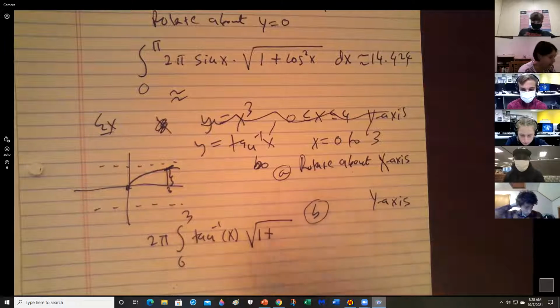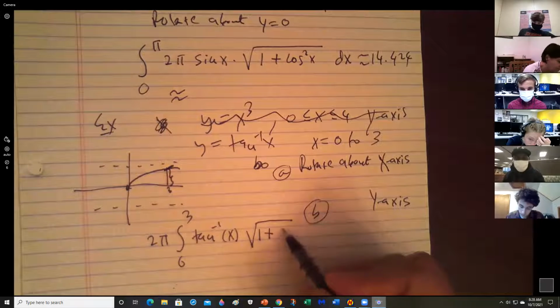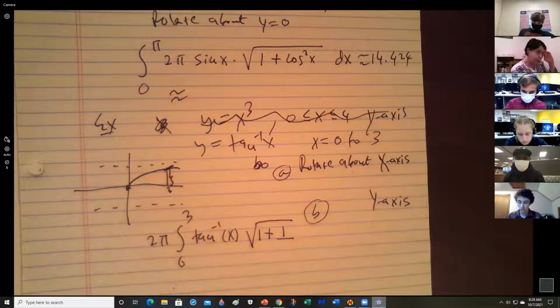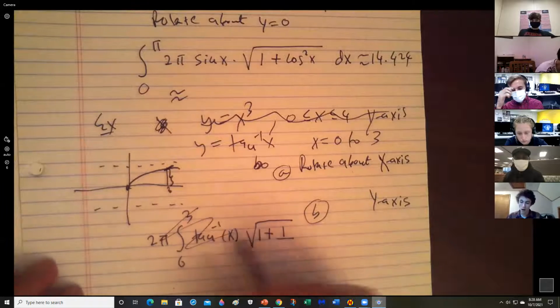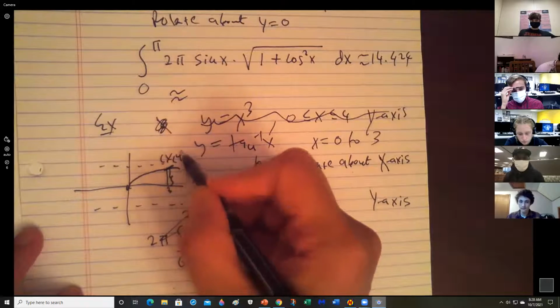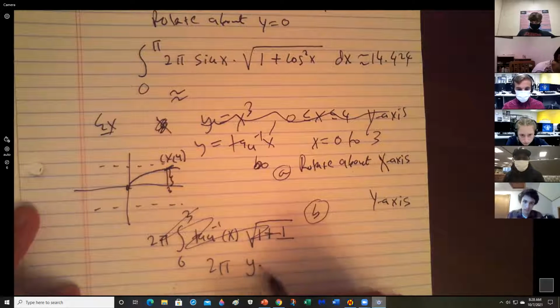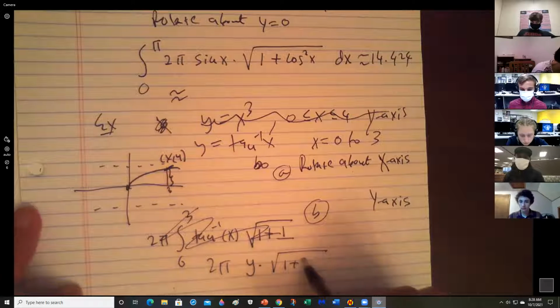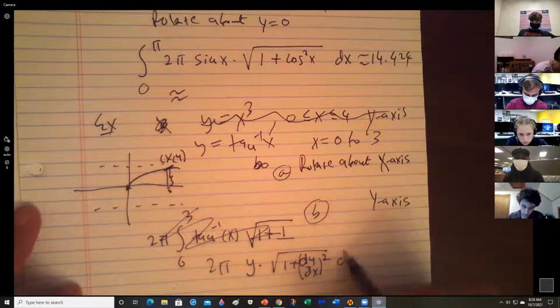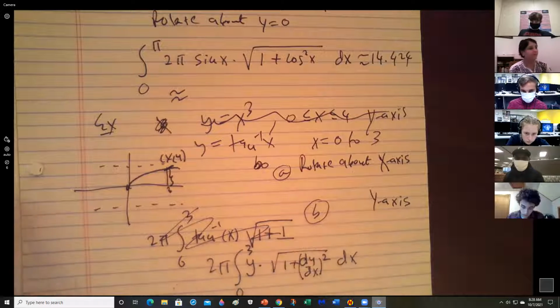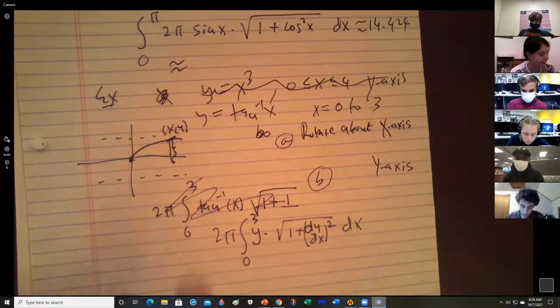So 1 plus... Actually, before you do this, I want to just rewrite this. This is x, y. So 2 pi y square root 1 plus (dy/dx) squared. I'm just writing the formula, and then you put the numbers in, 0 to 3. And the y will be the tangent inverse x.